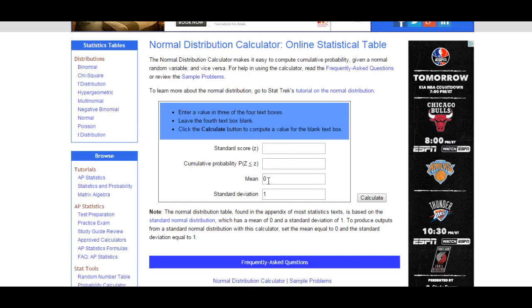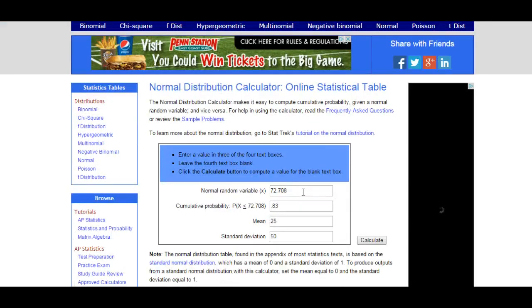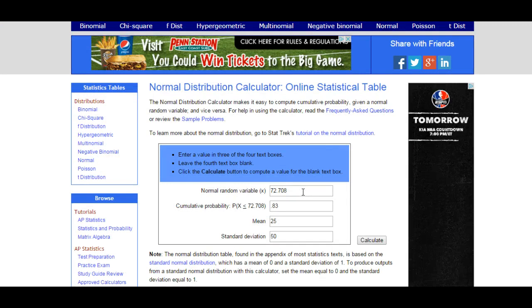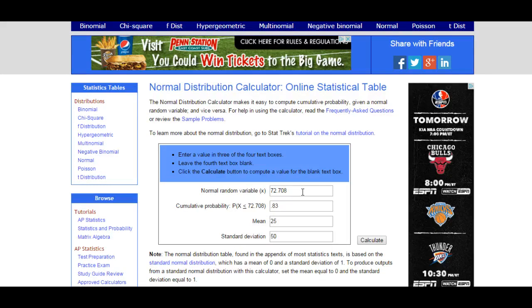But let's do this again. So our mean was 25. Our standard deviation was 50. And we want to know what the z-score is when the cumulative probability is less than or equal to 83%. So we calculate, and again we get 72.708. Okay, so that is giving the value.